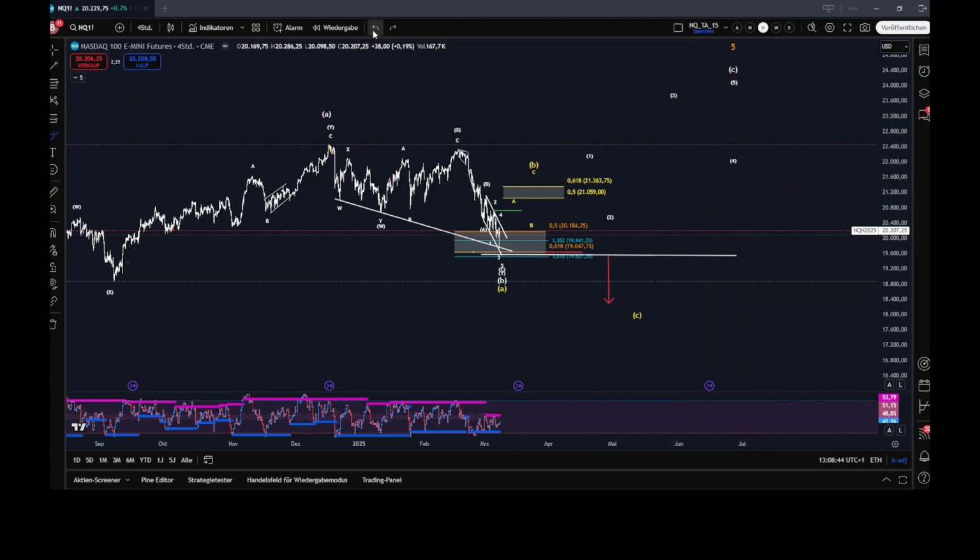So each of these waves, waves 1, 3, and 5, are impulsive waves in the white scenario. 2 and 4 are pullbacks of a corrective nature. And then we have to really observe what is playing out at the moment, okay? And I don't expect a flat in the yellow scenario. I don't expect a flat. So it should be a quick ABC pattern to the upside, hold these levels, and then sell off from here.